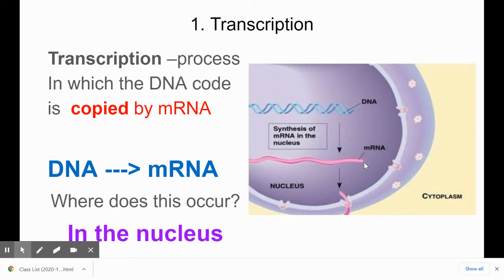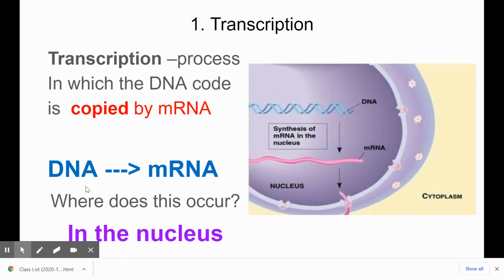This whole process of transcription takes place in the nucleus. Remember, DNA is found in the nucleus of the cell. The issue is that DNA cannot leave the nucleus. It's basically stuck in the nucleus. However, it has all of the information for building protein. That's a problem because our information is stuck in the nucleus, but our protein is going to be built outside of the nucleus. So our DNA code is going to get copied into an mRNA molecule.